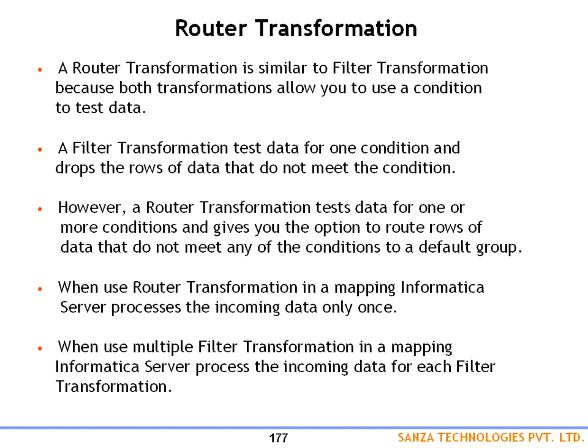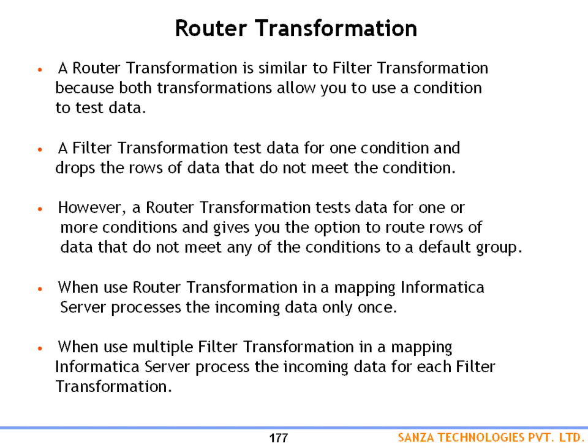The most important advantage of a router is that the incoming data is read only once when you execute it. Whereas a filter transformation will read the input data as many times as you have filter transformations. Let's say you have 1 lakh records coming. If you have 3 filter transformations, then it will read 3 lakh times, because each record goes through 3 filter transformations. So the input data is read 3 times.